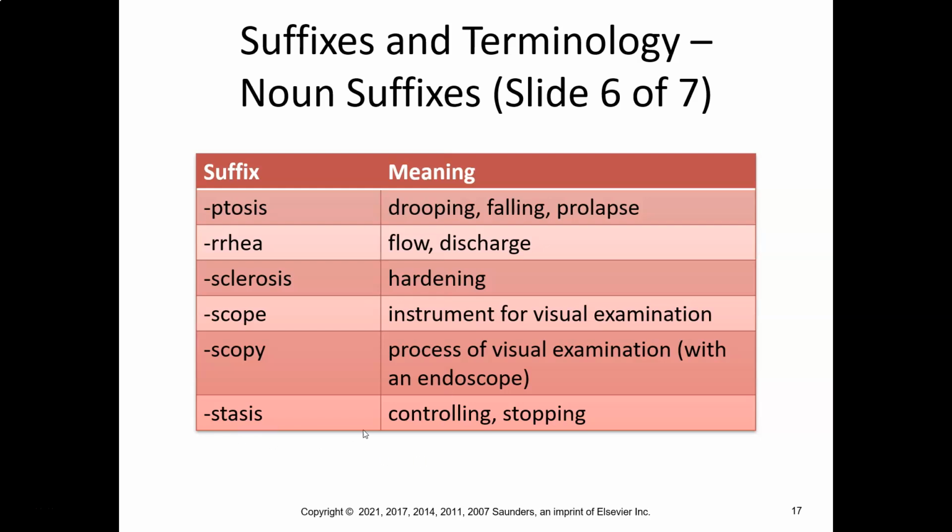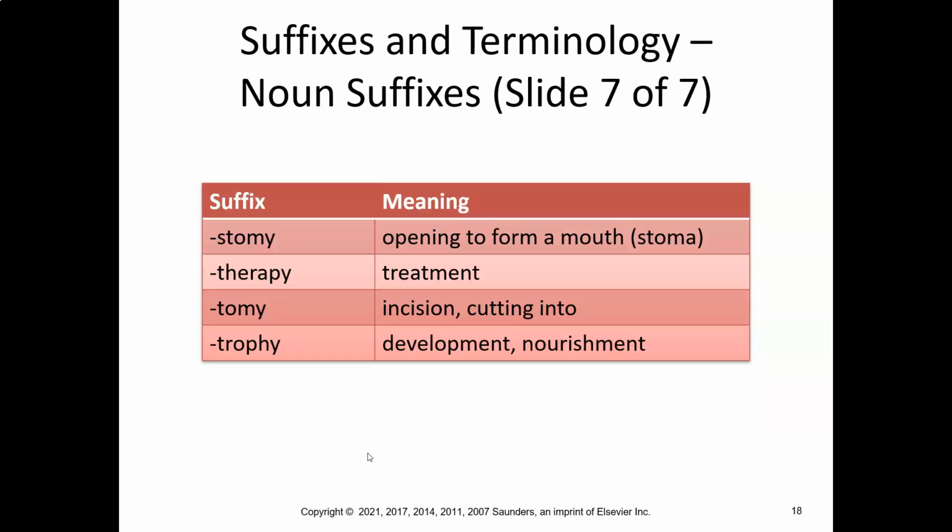And stasis is controlling, so metastasis is beyond control. But hemostasis would be stopping the flow of blood. Homeostasis is what your body is always trying to get into, trying to have a balance. Ostomy, opening to form a mouth.